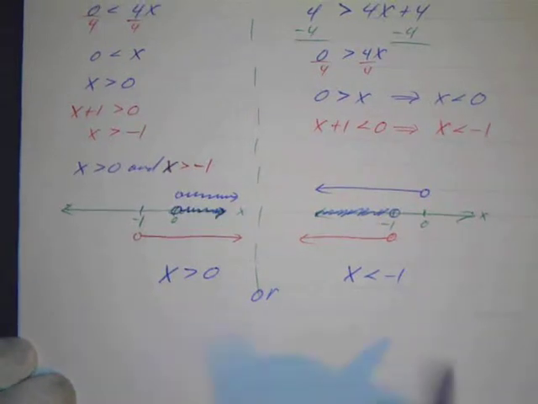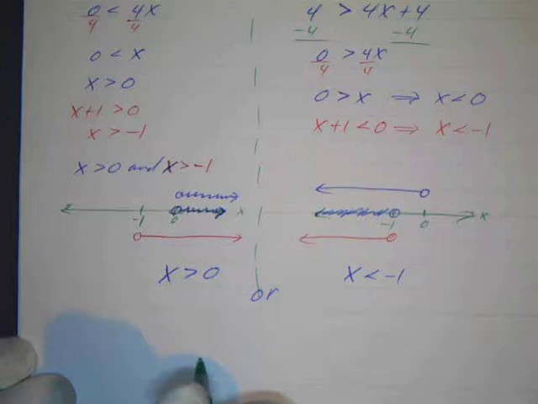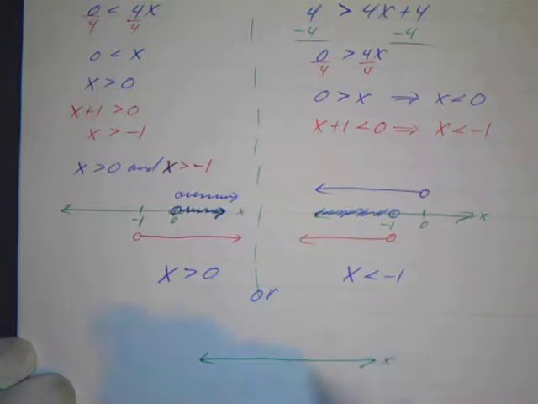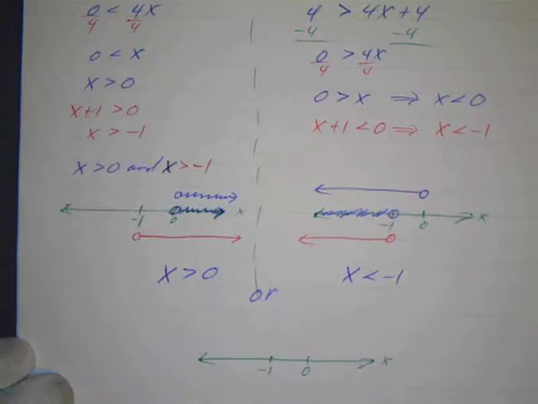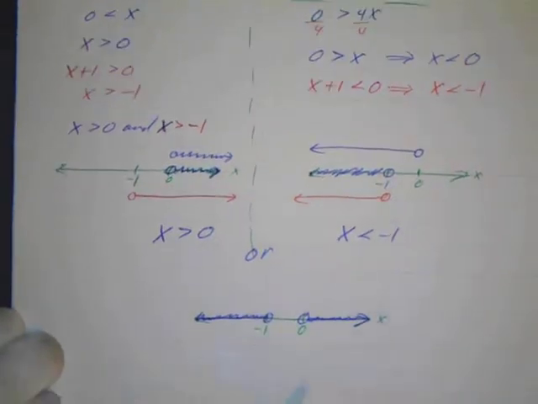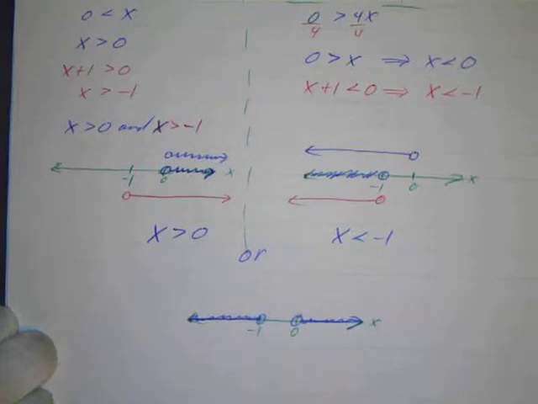If we put that all in one number line to see it, we've got 0 and negative 1. We have x is greater than 0 or x is less than negative 1. Okay? So all these numbers would satisfy that inequality.